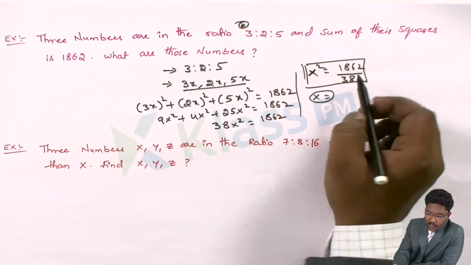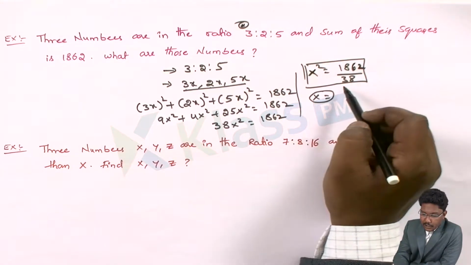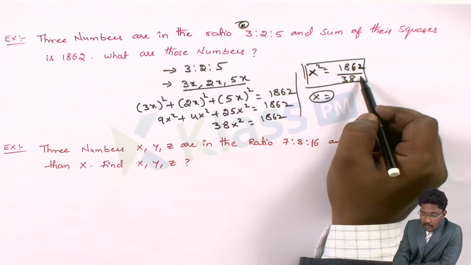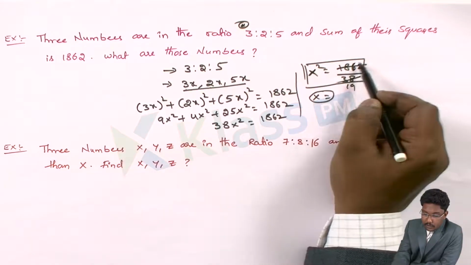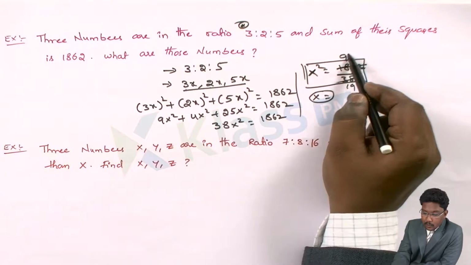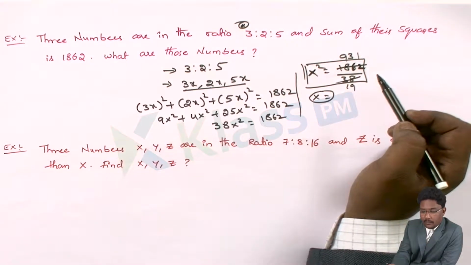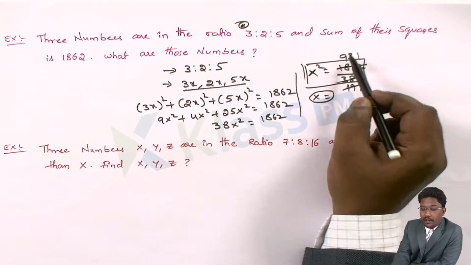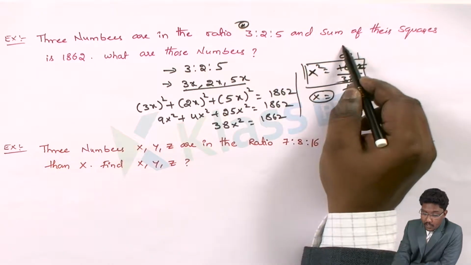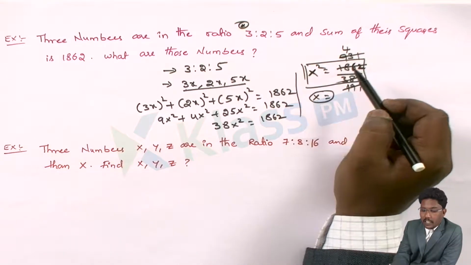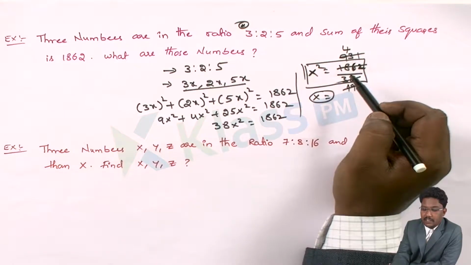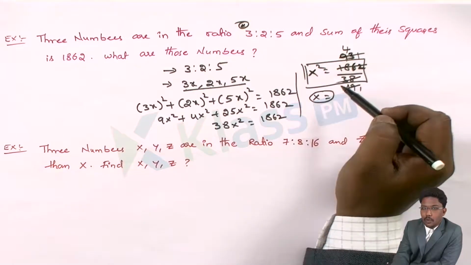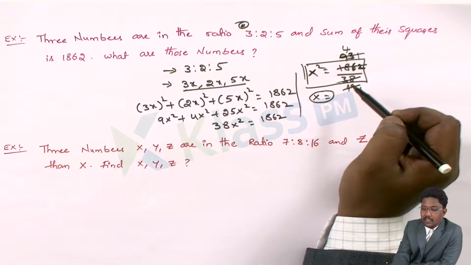What is the solution for 1862 by 38? 19 ones are 19, 19 fives are 95, so 19 fours are 76. After removing the 76, the remainder here is 171.